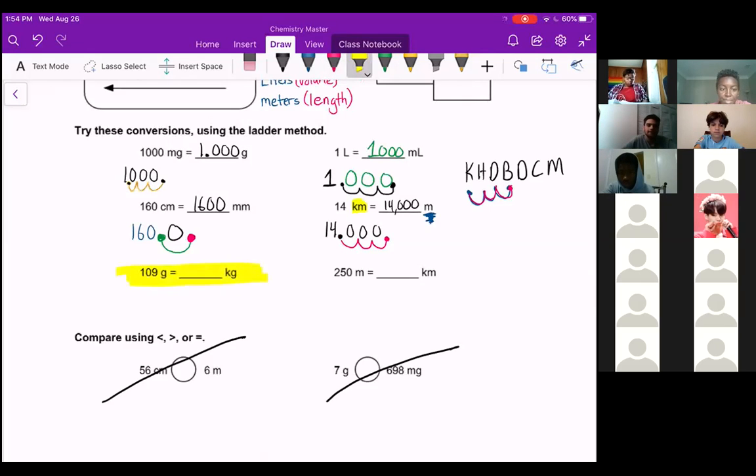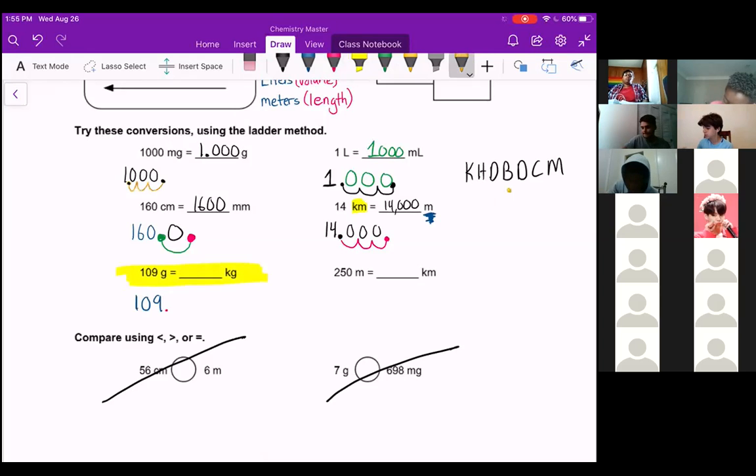Yeah. Okay, so I got 109 grams, 109. My decimal is right here because it's always in the back. All right, and then we are starting in the base box because that's just a G. And I'm going to kilograms.